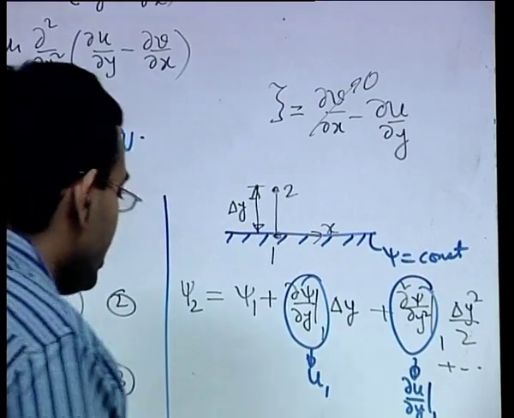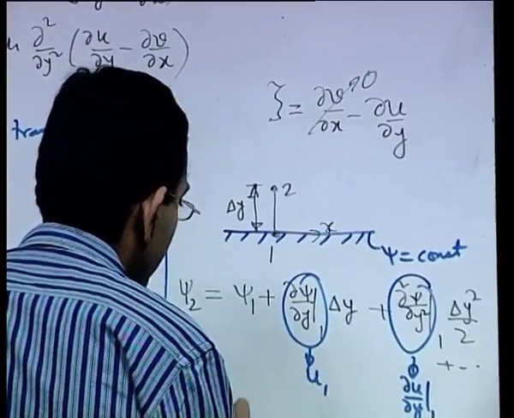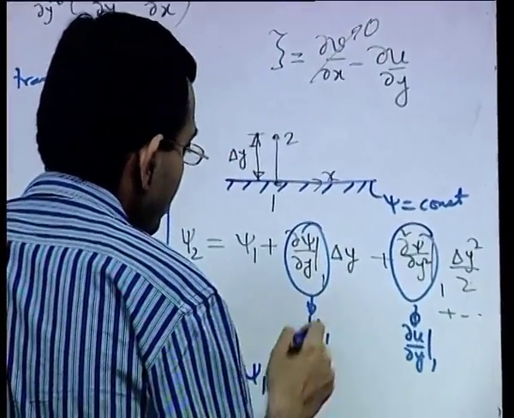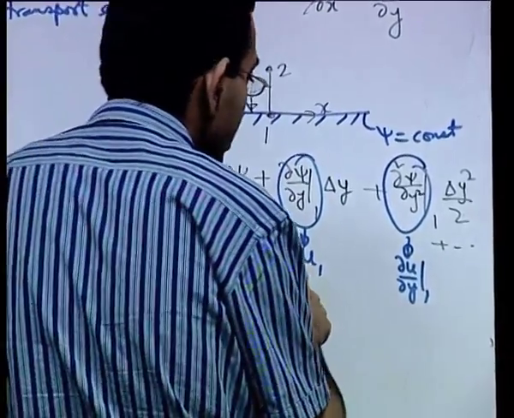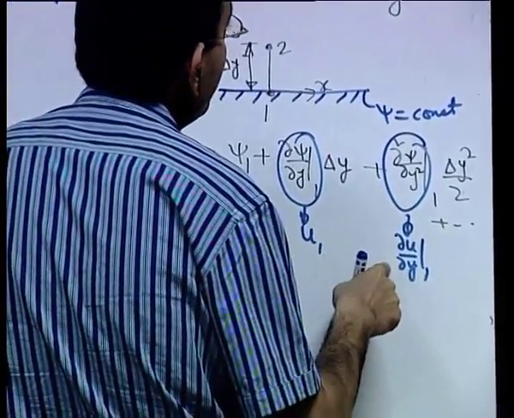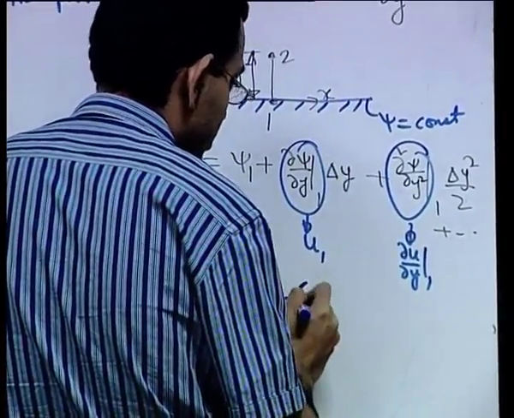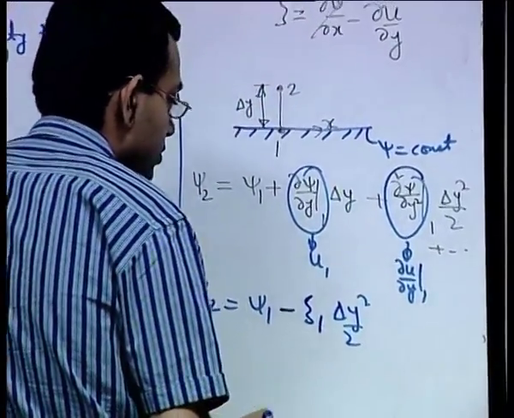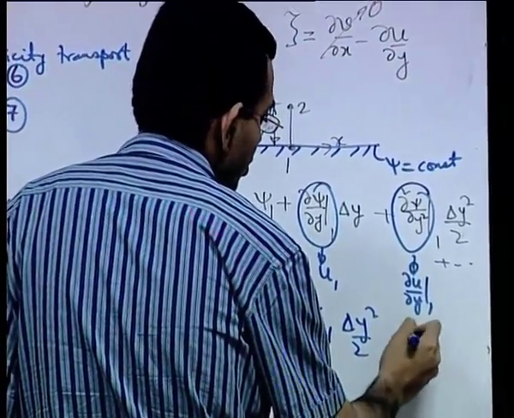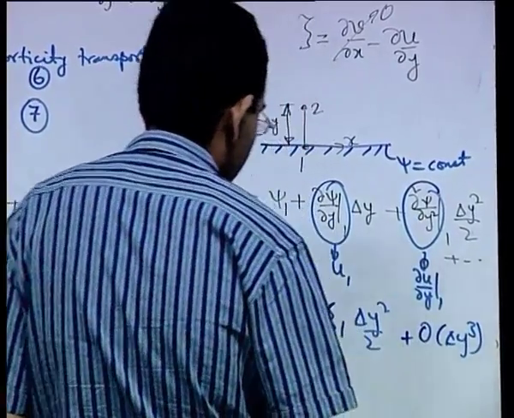So you can write this as psi 2 is equal to psi 1. What is u at 1? It is 0 by no slip boundary condition. What is del u del y at 1? It is equal to minus zeta 1, plus order of delta y cube and so on.